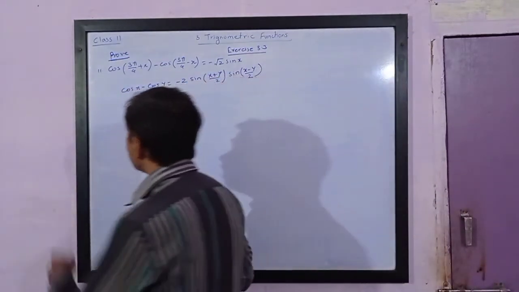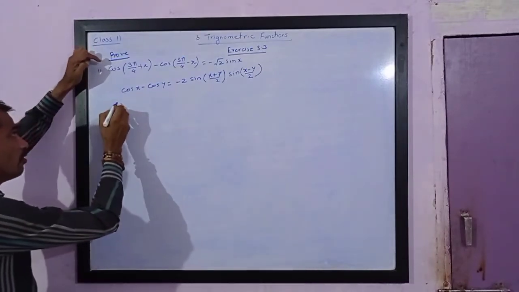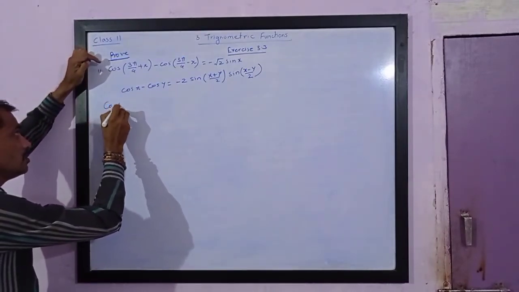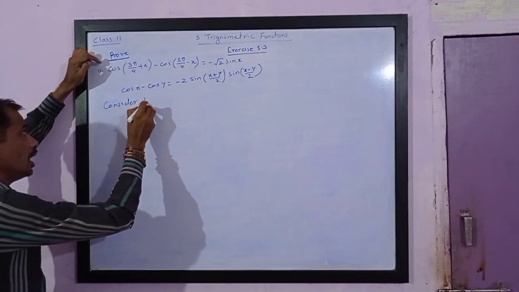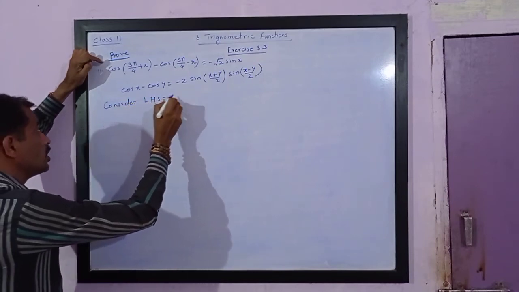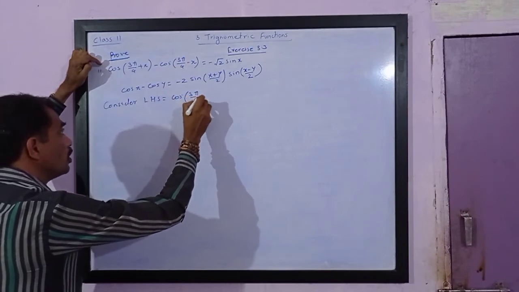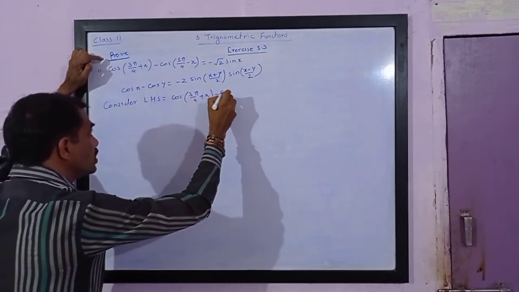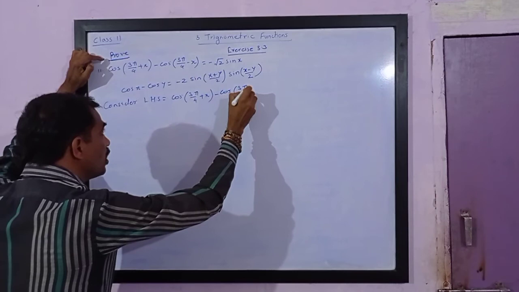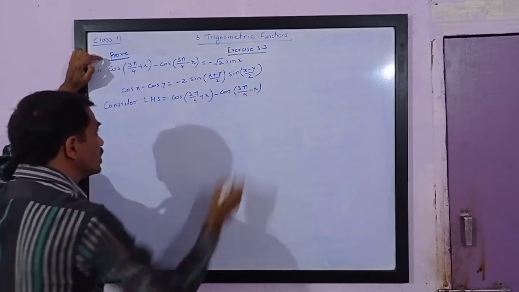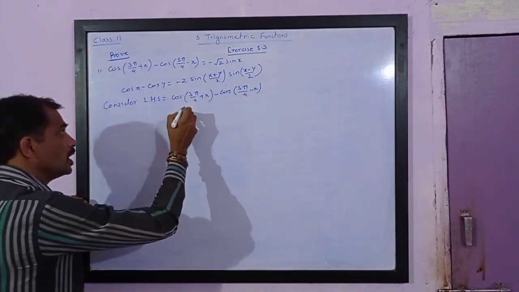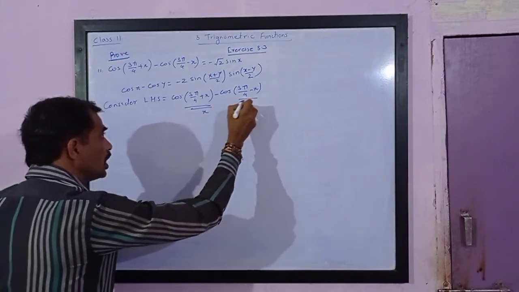Let us proceed. Consider the left hand side, LHS, equal to cos of 3 pi upon 4 plus x minus cos of 3 pi upon 4 minus x. So we are going to consider this total as x and this total as y.